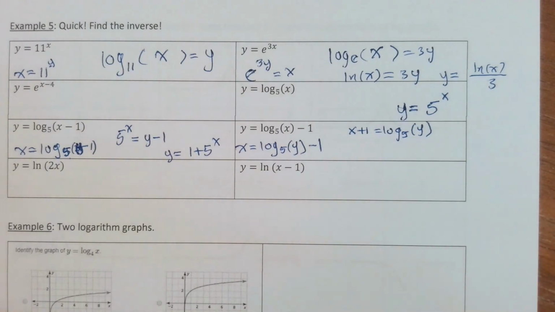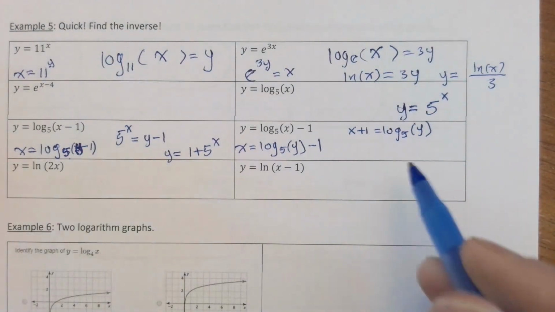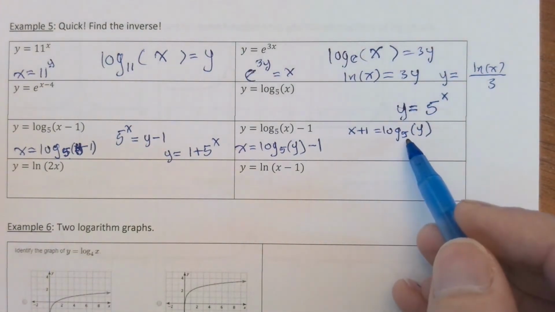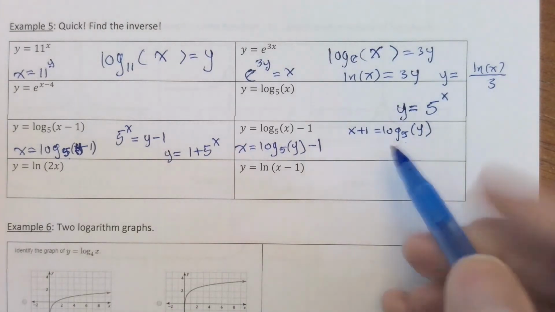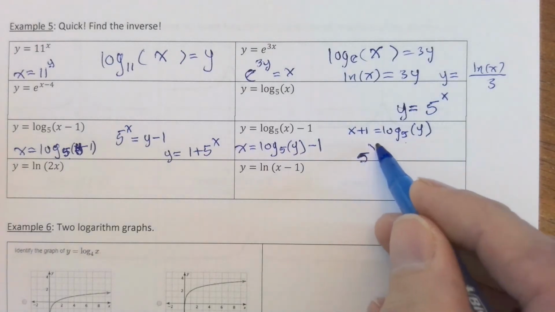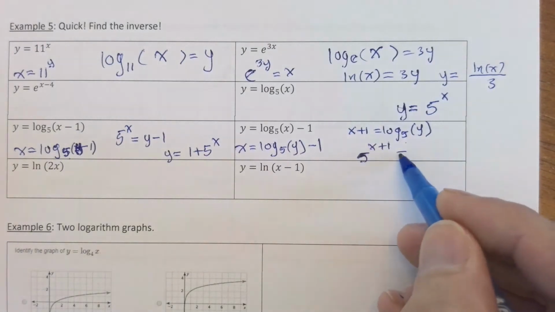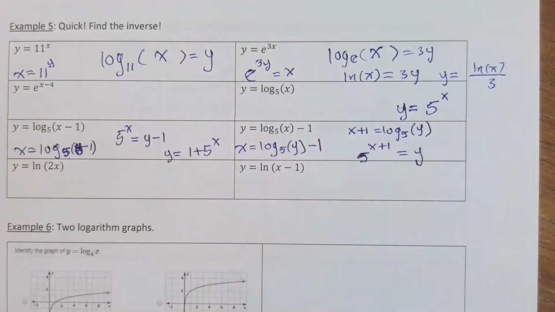And then just use the definition of logarithm. A base 5 log of something like y, if that's equal to x plus 1, then x plus 1 is the exponent that is above the 5. 5 to the x plus 1 power has to make the thing inside the log. And we're done.